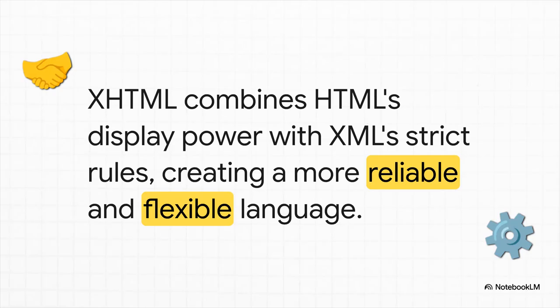XHTML was basically an attempt to rewrite HTML, but to make it follow the much stricter rules of XML. The whole idea was to get the display power of HTML and combine it with the rigid, error-free structure of XML. The hope was to create a cleaner, more reliable language for the future of the web.